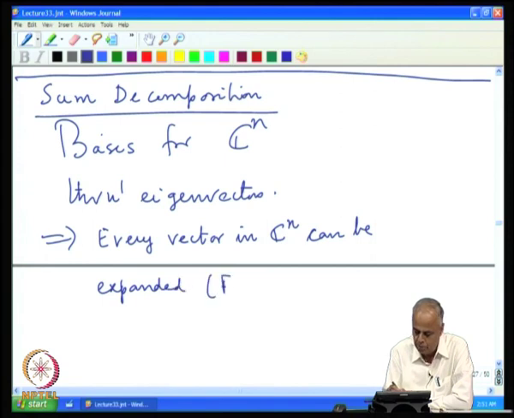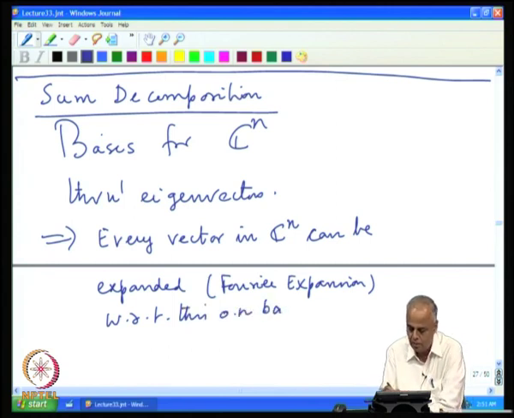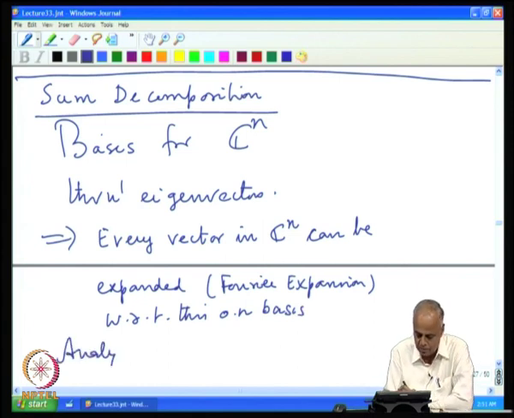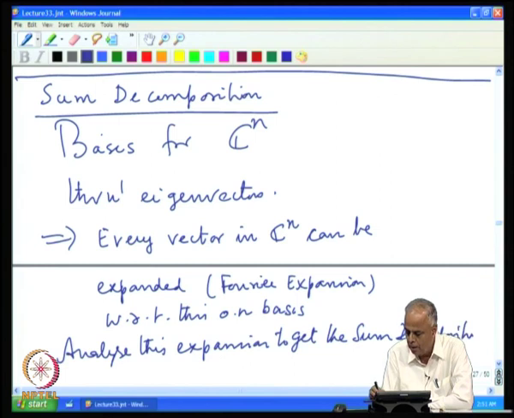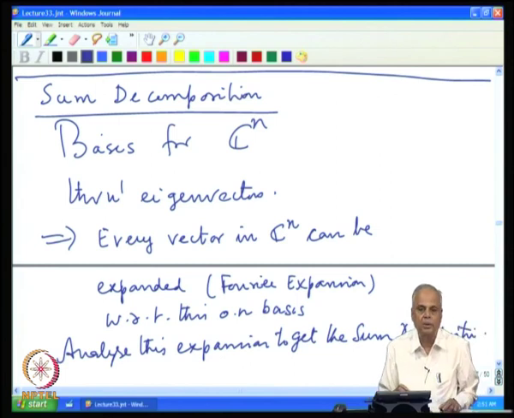Remember the so called Fourier expansion with respect to this orthonormal basis. We analyze this expansion carefully to get the sum decomposition, and this is what we will look at in the next lecture.